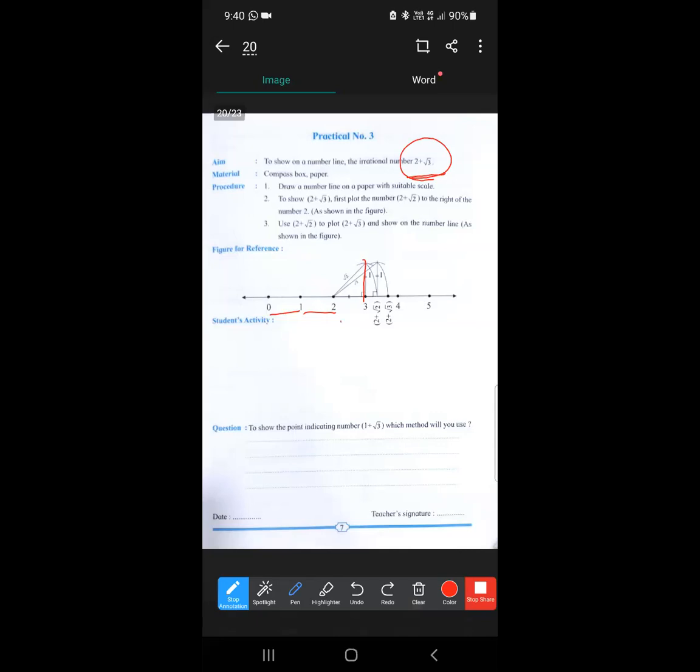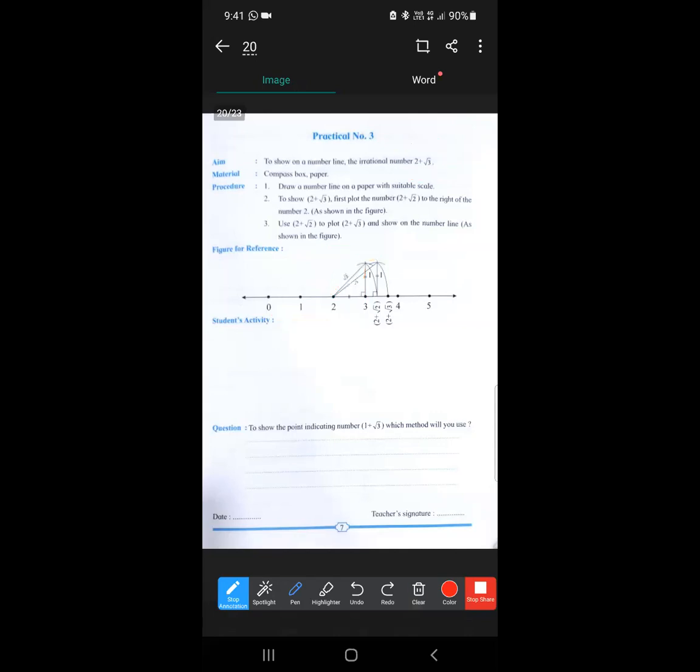And this 2 to 3 is 1 unit. Also on this perpendicular, they have cut an arc of 1 unit. Wherever the arc cuts, that is root 2, which I just explained using the Pythagoras theorem.